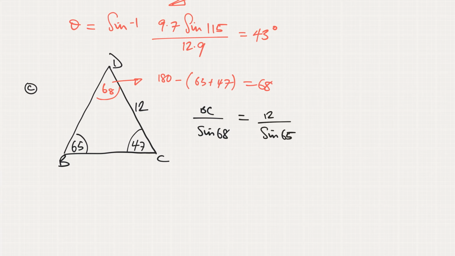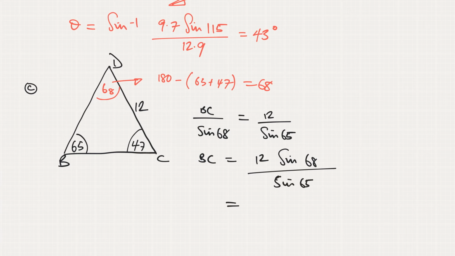We'll do a quick rearranging. Obviously, I'm not hanging about this time because the video is getting too long now. Over sine of 65. That then equals 12.3. So now that I know that this side is, oopsie, wrote the wrong thing.